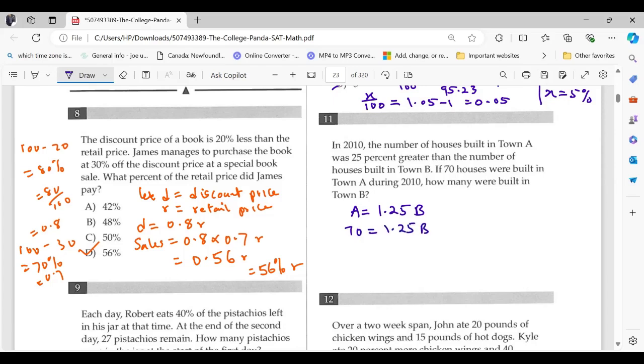We are looking for how many were built in Town B during 2010. If you make B the subject, you have 70 all over 1.25, and that gives us 56.